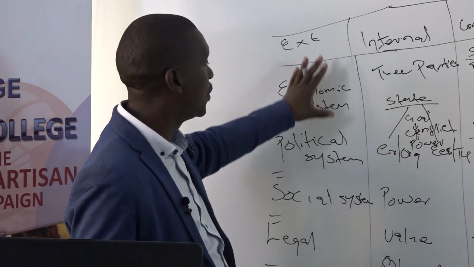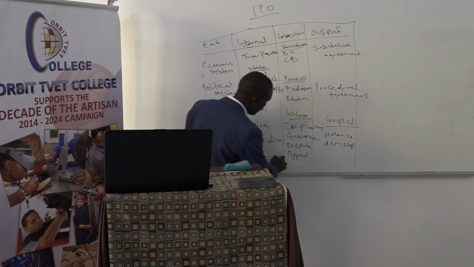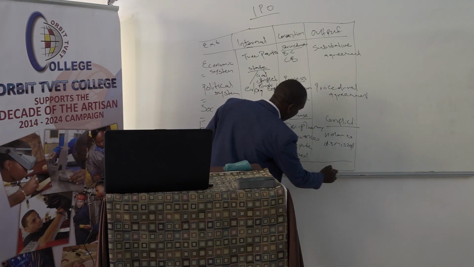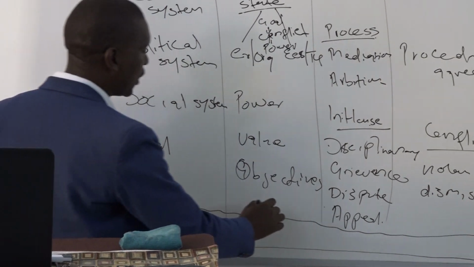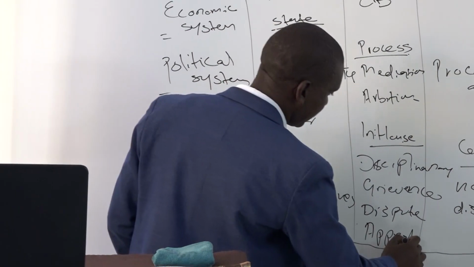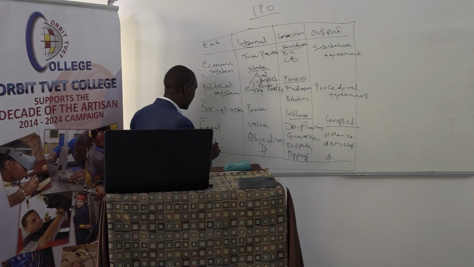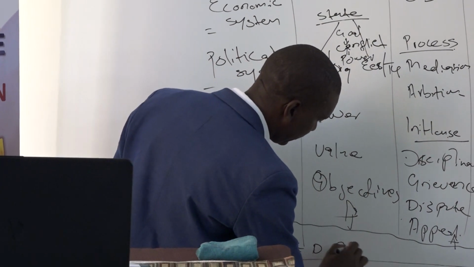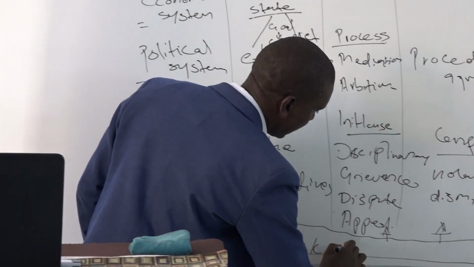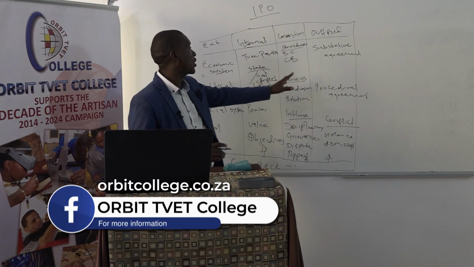So for us to know the link, at the bottom of the table we've got what you call a feedback loop, and you'll see that it has arrows to every column. These arrows indicate that feedback is the link to all these other columns.